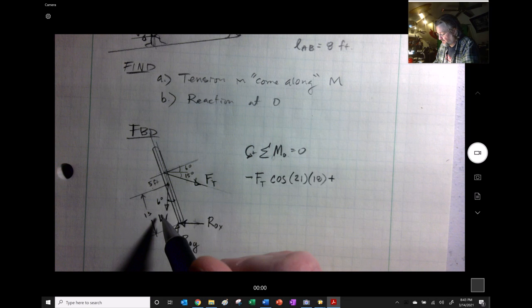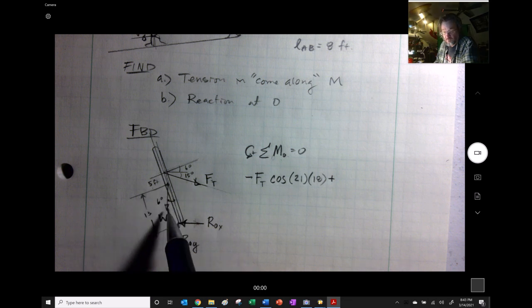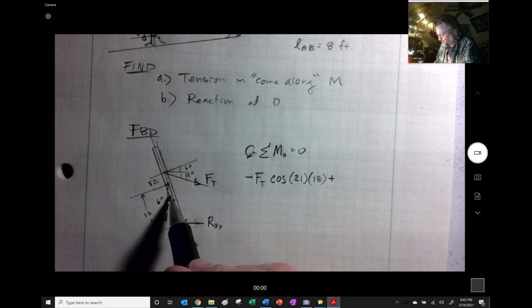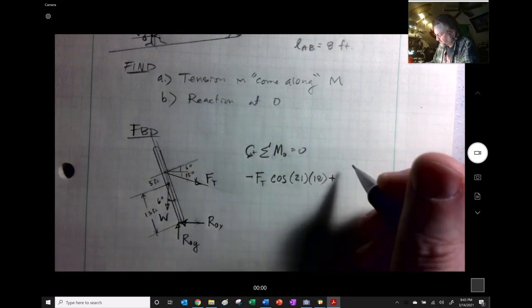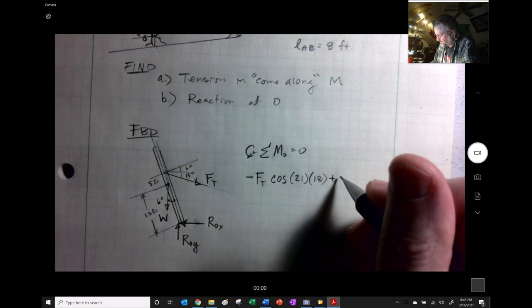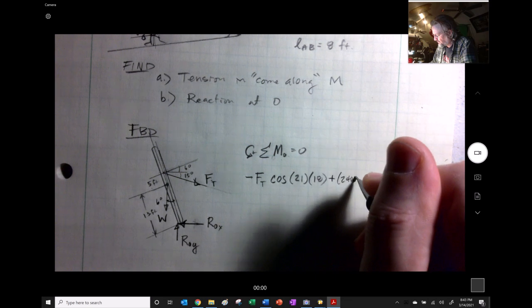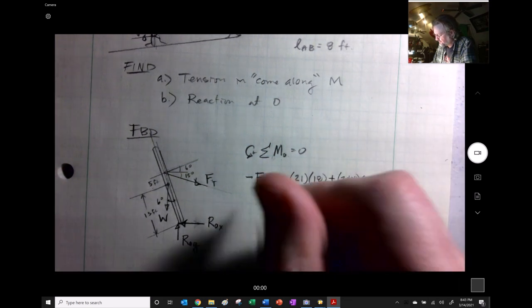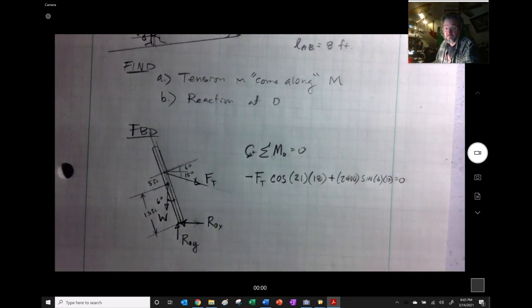But this guy right here is actually going to be the sine of 6 degrees, right? Because it's going to be the opposite of this angle. That's going to be the thing that's perpendicular to this 13 feet, right? So that's going to be the weight right here of 2,400 pounds, sine of 6, and times 13 equals 0.